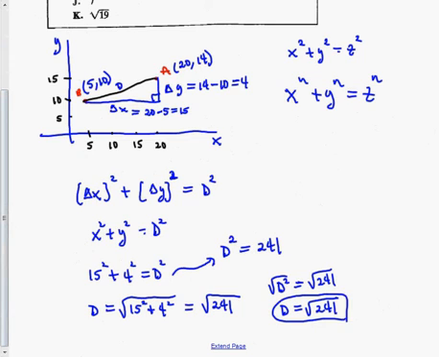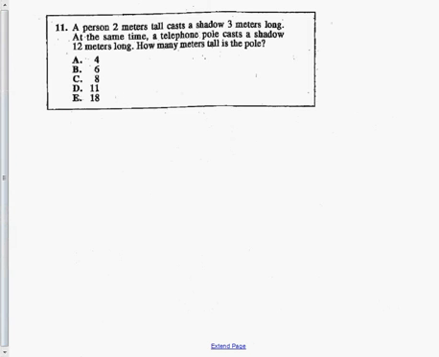Okay. So the next one, a person 2 meters tall casts a shadow 3 meters long. At the same time, a telephone pole casts a shadow 12 meters long. How many meters tall is the pole? Here, I'm comparing something to something else.